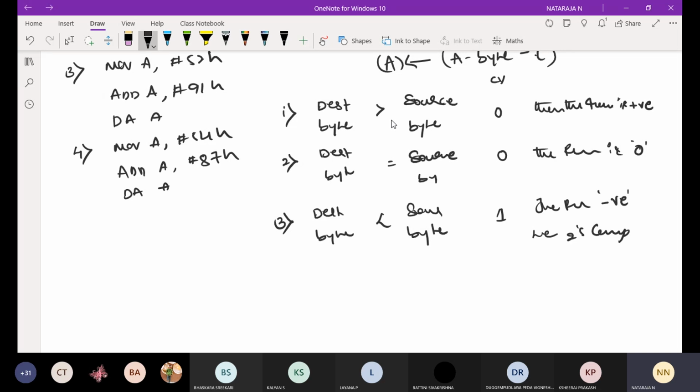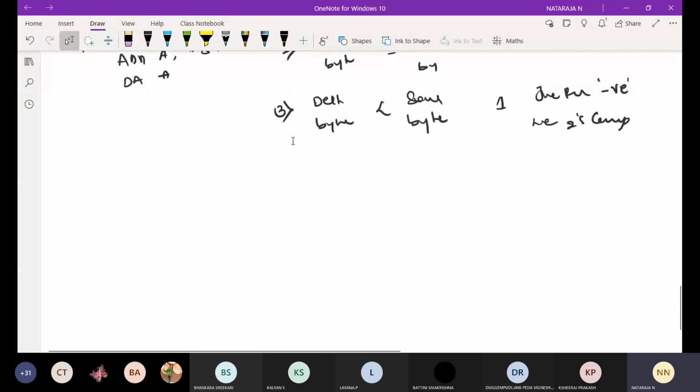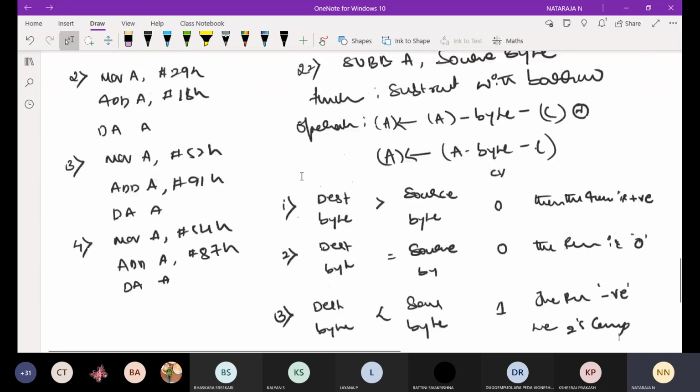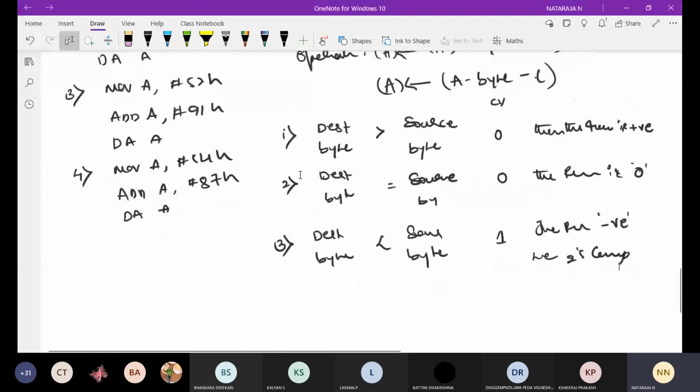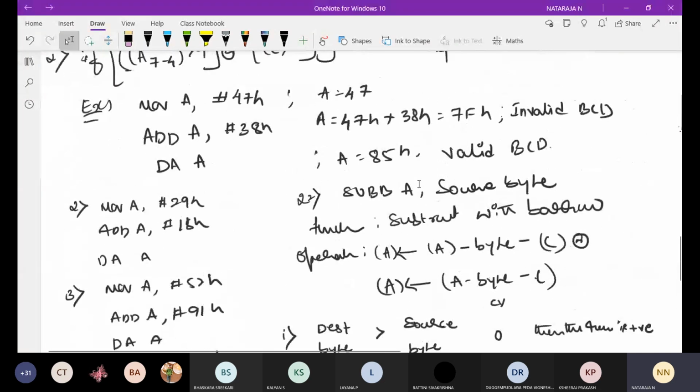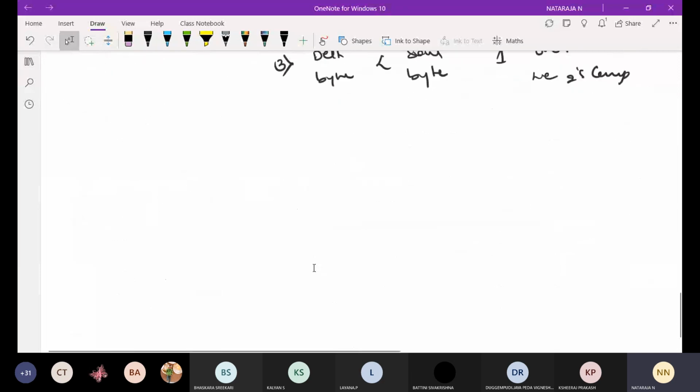I think you are very familiar with 1's complement and 2's complement from your digital logic. You can refer to it once so that it will be very easy to solve these kinds of instructions. Then try some instructions based on SUBB, subtraction with borrow of your accumulator.